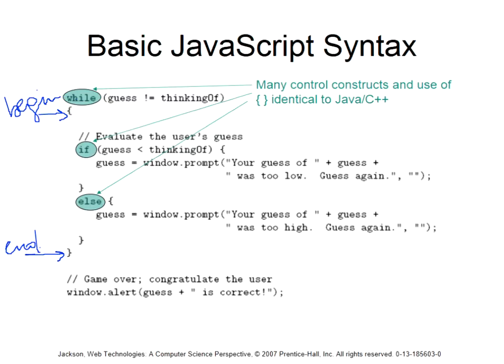Here is the begin of if, this is the end of if, and this one is the begin of else, this one is the end of else. Loop, yes, is like Java or C++. It's clear? Any questions?